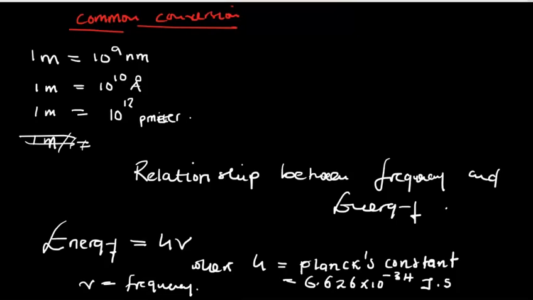Now, remember we also determined what this frequency is. We know that frequency is equal to the speed of light over the wavelength. So if we want to determine energy, we are saying energy is equal to HV, but we know what V is: V is C over wavelength.